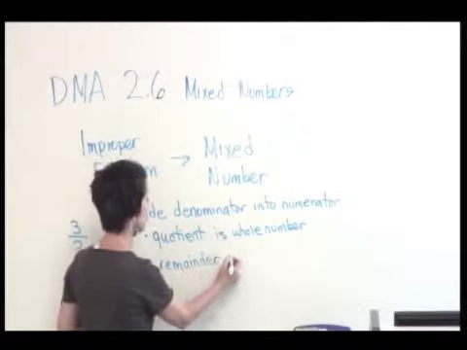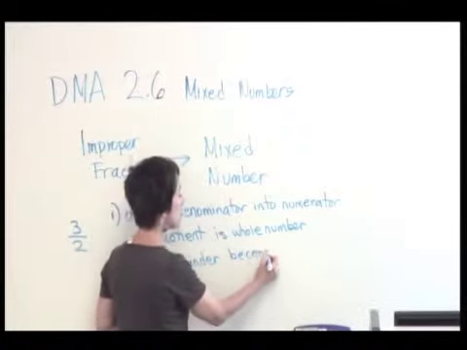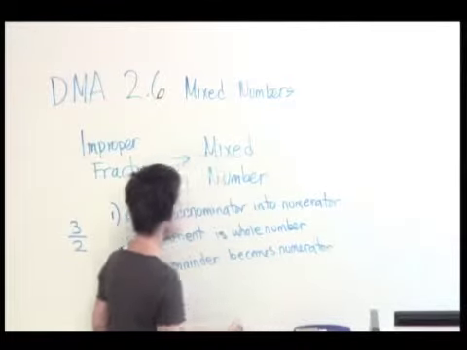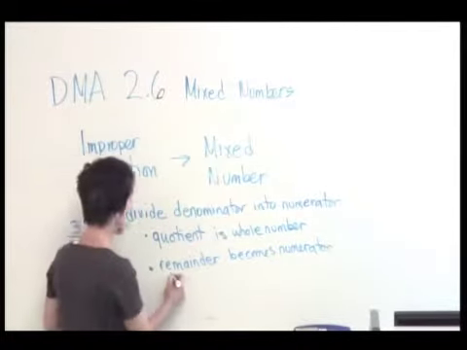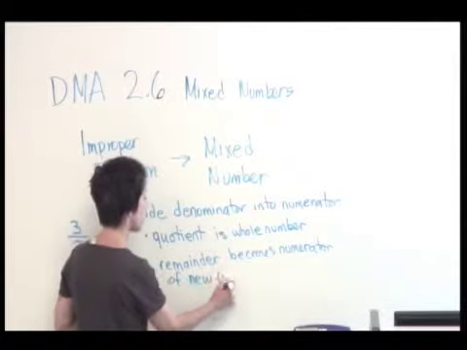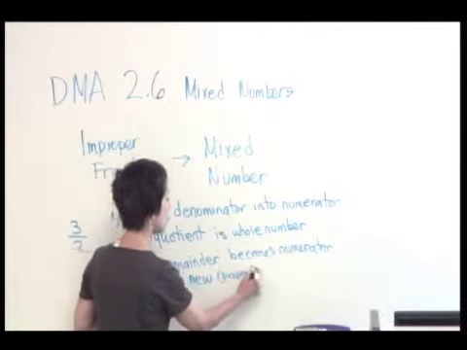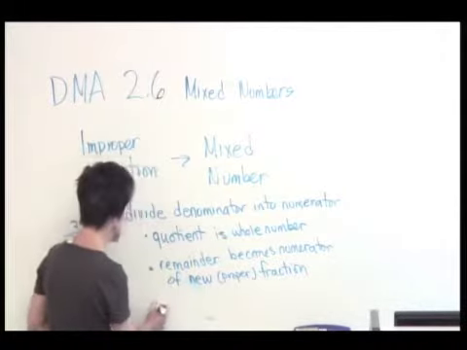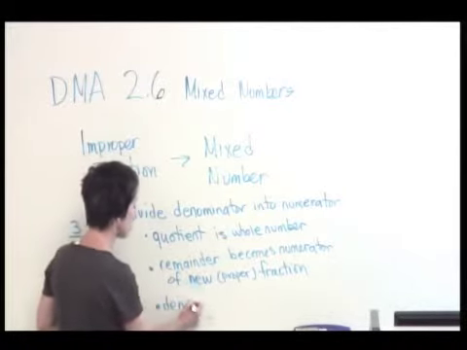The remainder becomes the numerator of the new proper fraction, and the denominator stays the same.